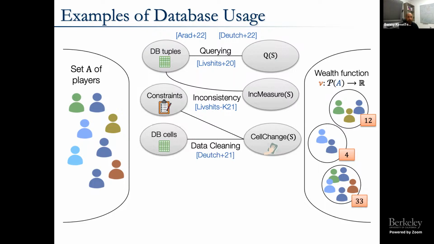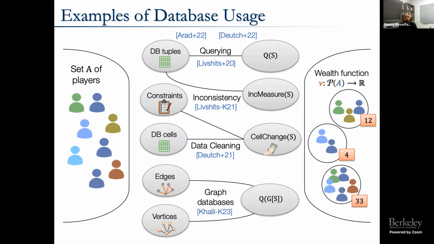So they say, let the players be the constraints and the cells of the database, and let the wealth be the answer to the question, is the cell changed? To what extent is the cell changing? And then they found the contribution of the different constraints and the cells. And we also looked at graph databases where the players were sometimes the edges and the vertices, and the query was a graph query like a regular path query, and so on.